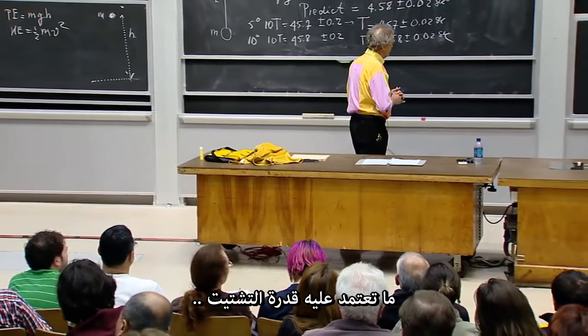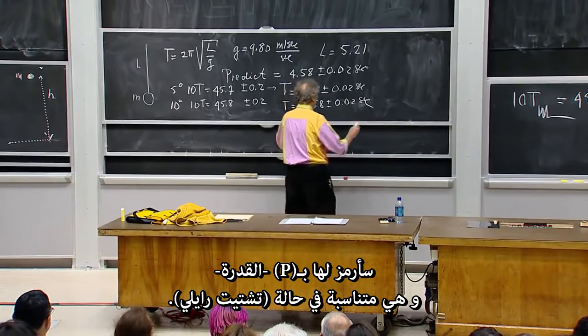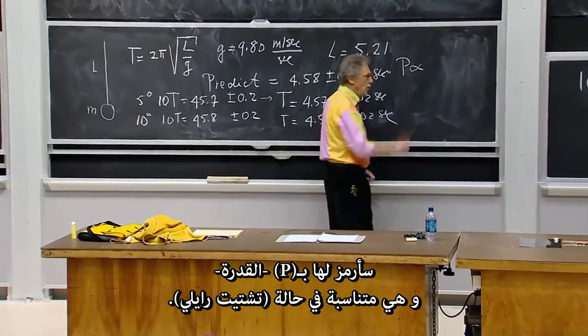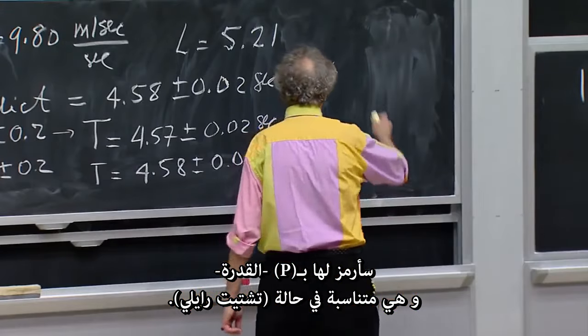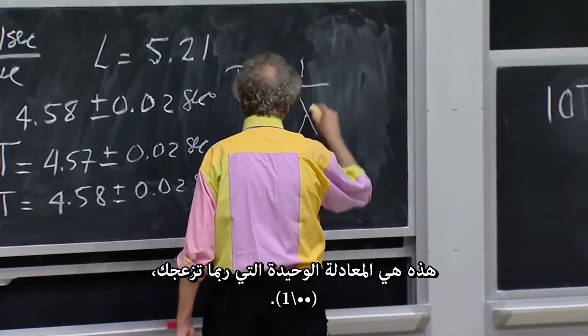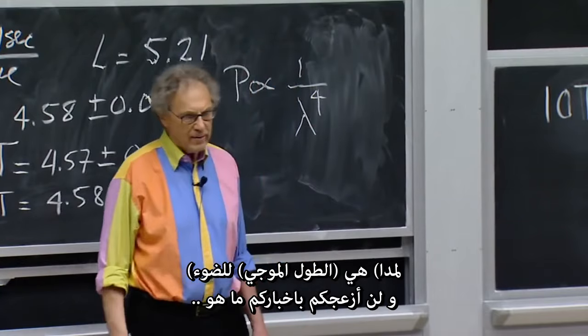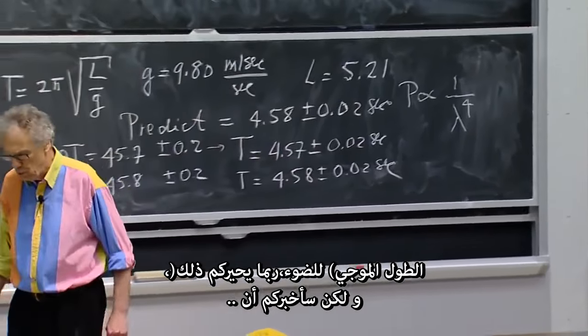The dependence of the power of scattering, so I'll call that P, the power, is proportional when we have Rayleigh scattering, and this is the only equation that may bother you, to 1 over lambda to the 4th, and lambda is the wavelength of light. I will not bother you by telling you what the wavelength of light is. That may confuse you.